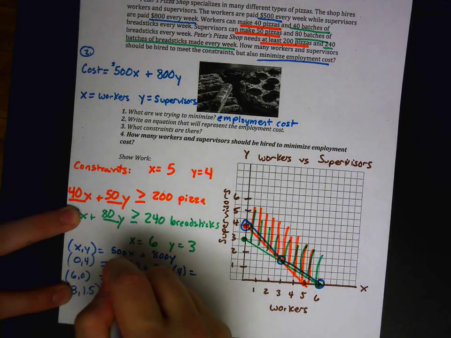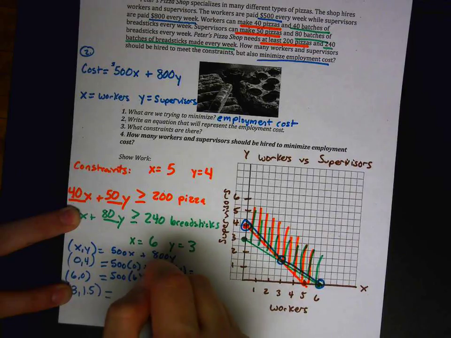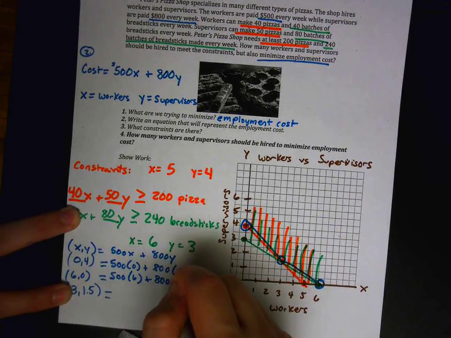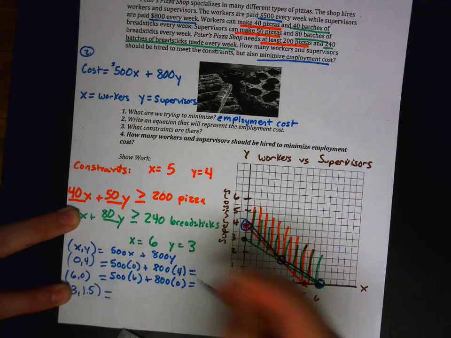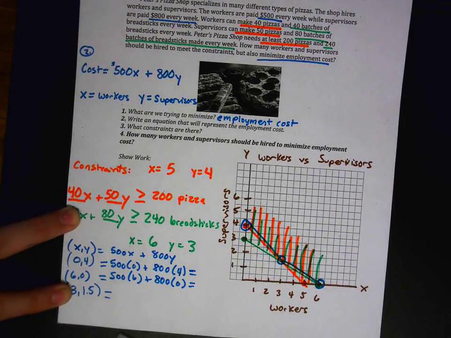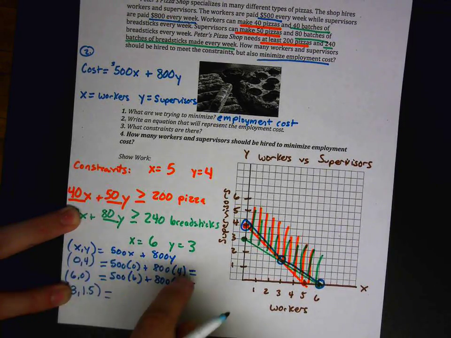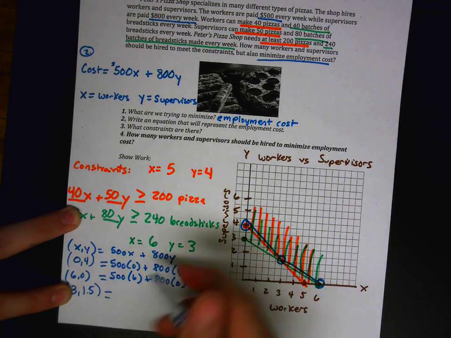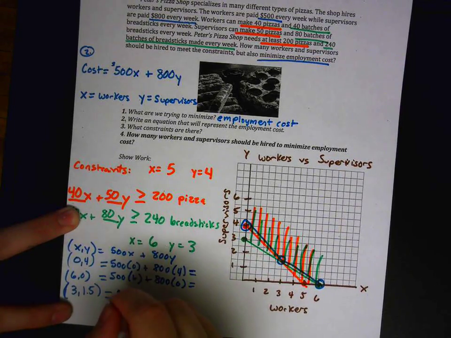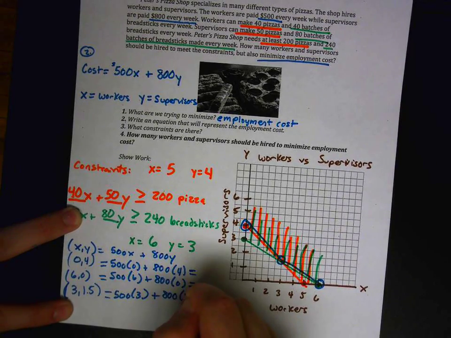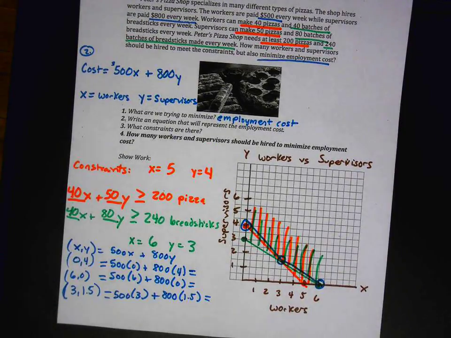If I plug in 6 workers plus no supervisors, which I wonder what no supervisors would look like, I plug in a 0 there. I'm plugging in my x coordinate and my y coordinate, substituting those in for their proper variables. And here, if I want to plug in 3 workers plus 1.5 supervisors, I would plug that in.